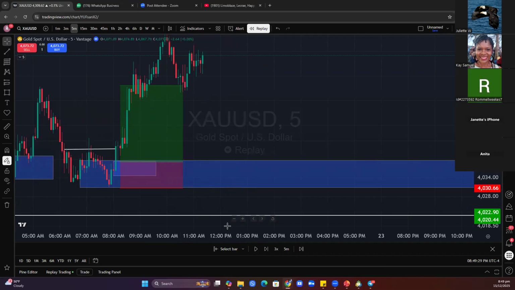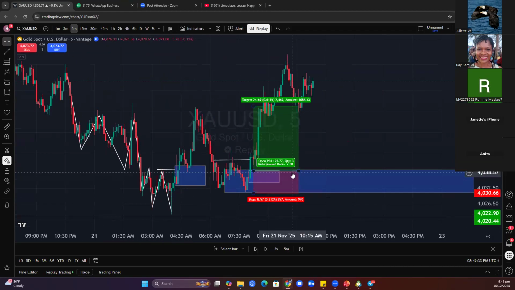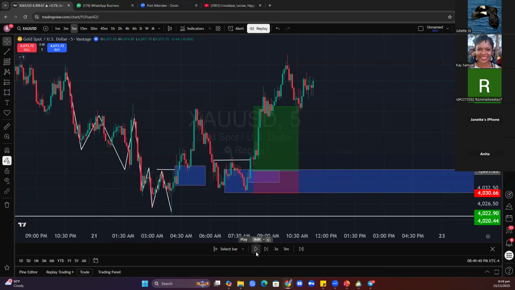All right, we're gonna do some more examples. We're gonna find some cleaner examples as well. But literally, once you follow this principle, you've got that engulfing, and the scenario where you may get an imbalance as well. Like this particular one, we didn't get the imbalance.